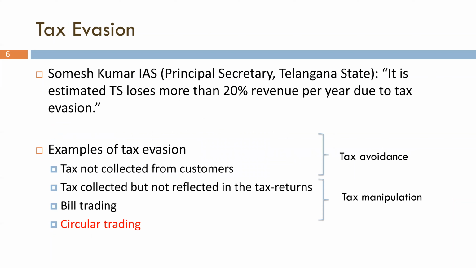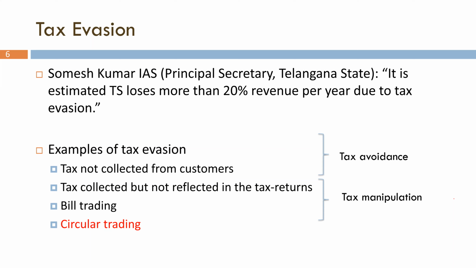It is estimated that the state of Telangana loses around 20% of tax revenue per year. If you consider the financial year of 2017-18, the total amount of tax revenue is around 40,000 crores. So around 8,000 crores is lost by the state because of tax evasion.